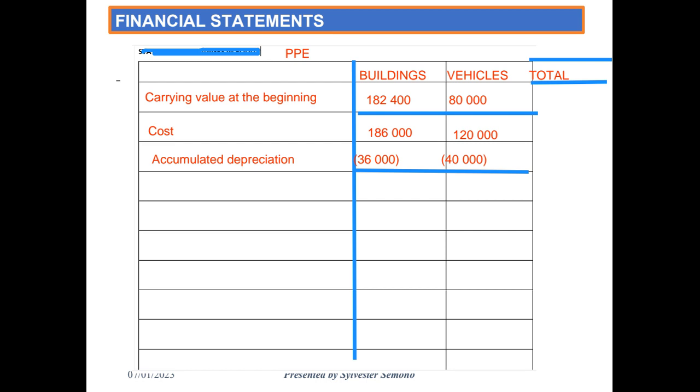Okay, sorry, we forgot the totals. We must add the two here. Everything must be added that way. For the total of carrying value at the beginning is 262,400.